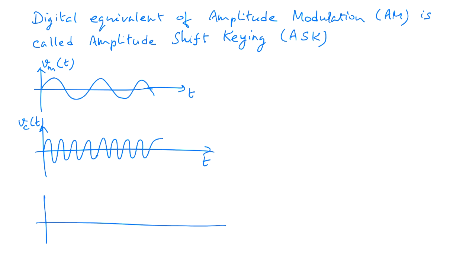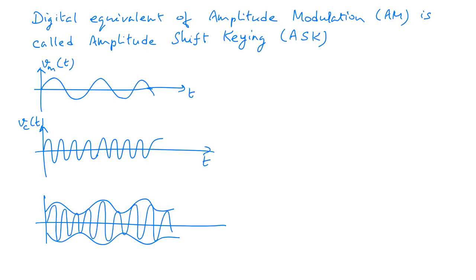You will have an envelope like this, and the carrier amplitude is changed according to the message signal's amplitude, right? That is the AM signal. So this is our amplitude modulated signal, VAM of t.